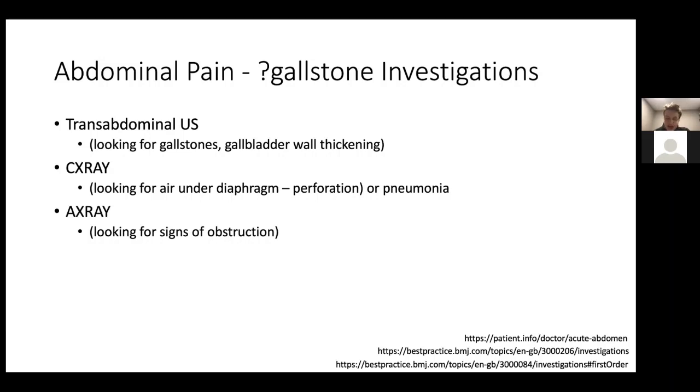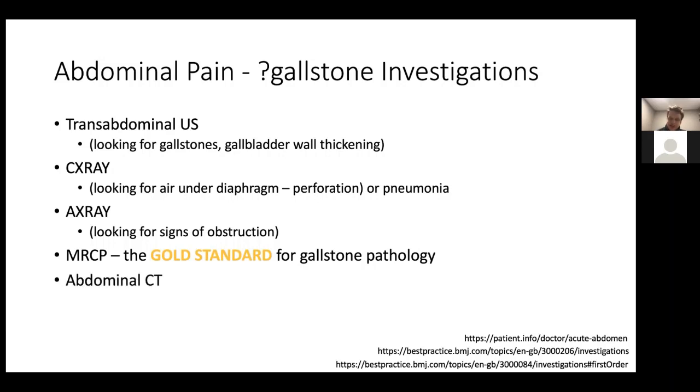If you're concerned a patient has small bowel obstruction or large bowel obstruction, an abdominal X-ray is really useful. MRCP, like I said before, is the gold standard for gallstone pathology. An abdominal CT as well is obviously a lot higher fidelity, but MRCP is the gold standard. And if a patient is being considered for surgery, it might be worth doing a surgical workup for them as well.